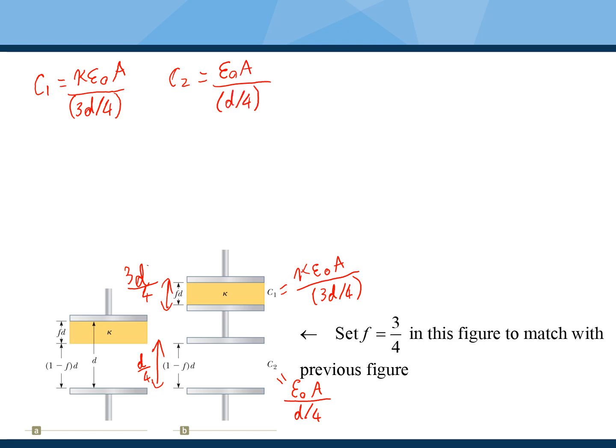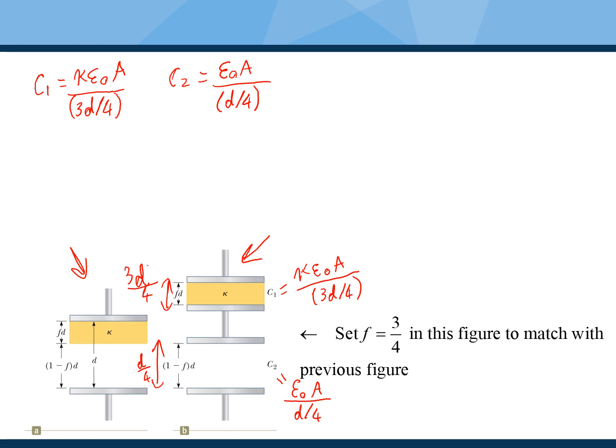With this understanding, we realize that the configuration on the left is entirely equivalent to the configuration on the right, and the configuration on the right indicates that we have two capacitors connected in series, and we've already obtained the capacitance of each of those two capacitors.